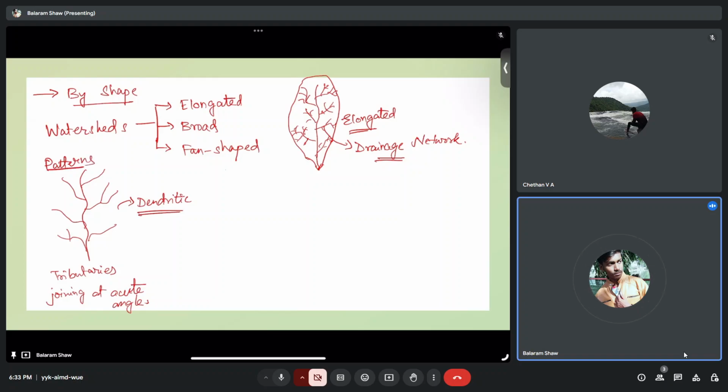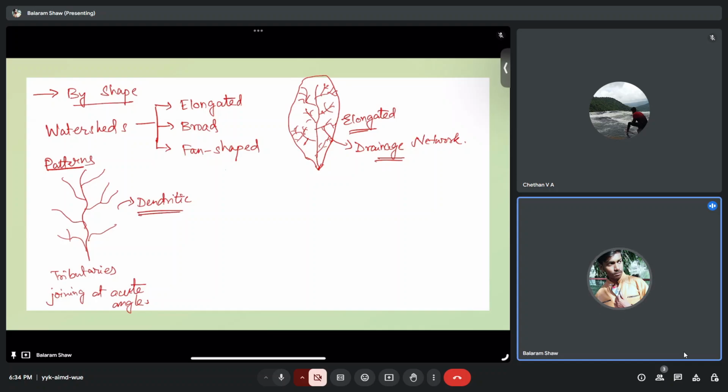Like that, there can be a parallel drainage pattern. In a parallel drainage pattern, all the streams are mostly parallel, and it will create an elongated kind of catchment, right?